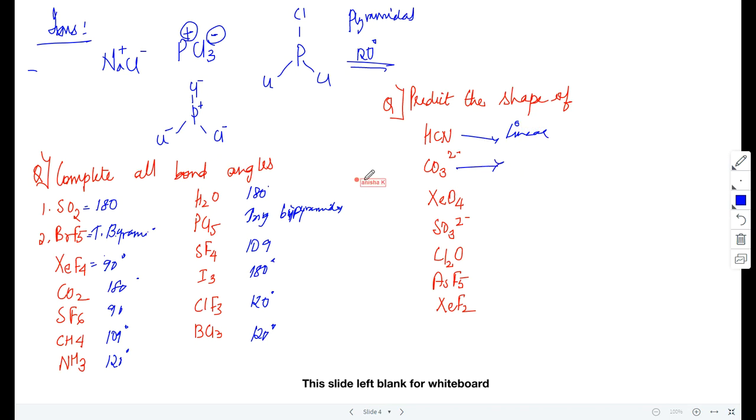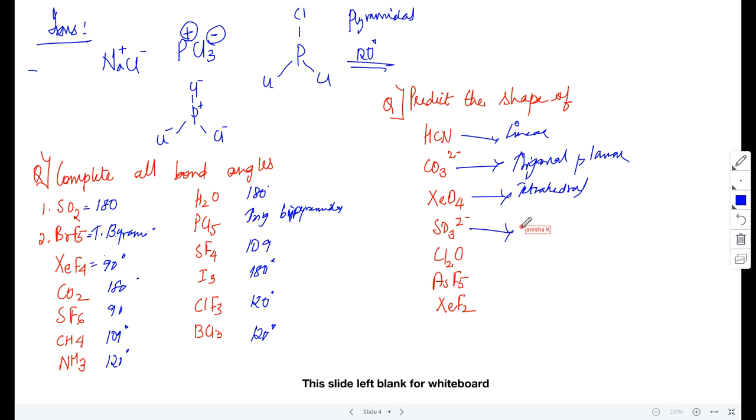Would the next one be trigonal planar? Yes, trigonal planar. The next one would be tetrahedral.